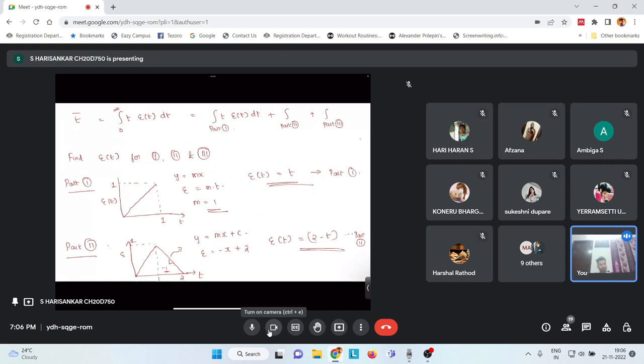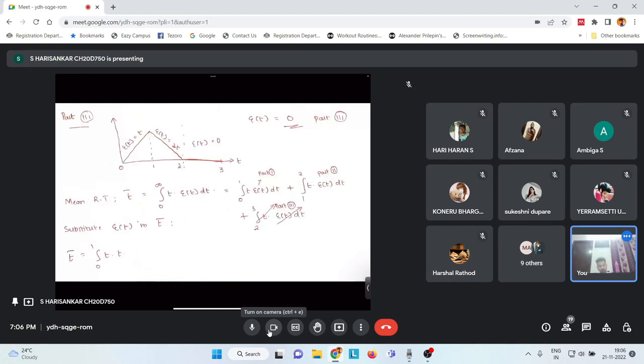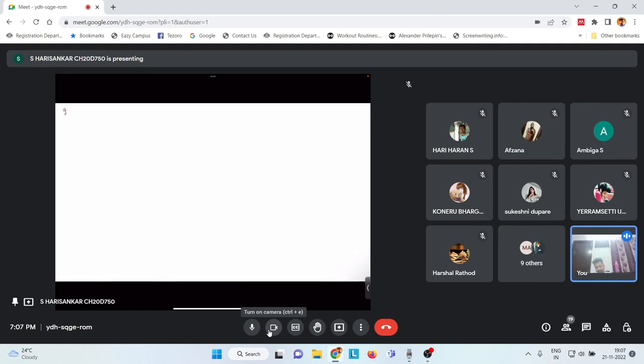This will be the integral from 0 to 1 of T into T dt plus the integral from 1 to 2 of T into 2 minus T dt. So this will be our final integral equation. Now all we have to do is integrate the equation and apply limits.